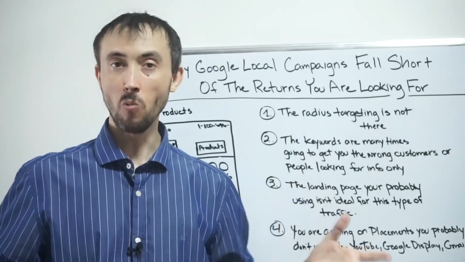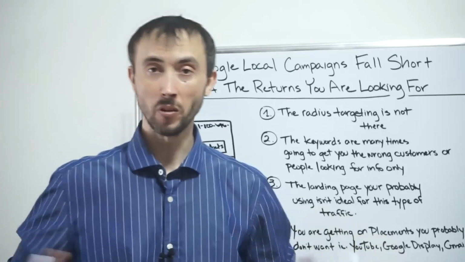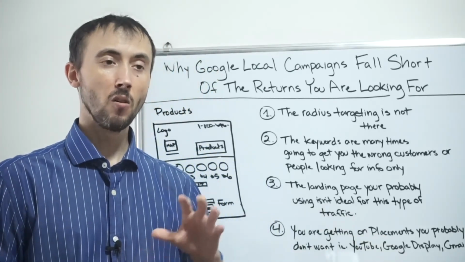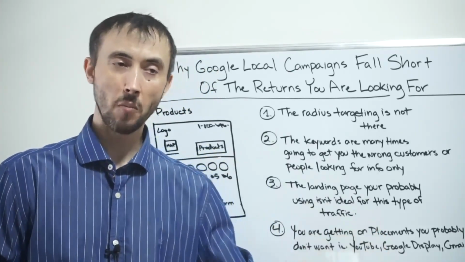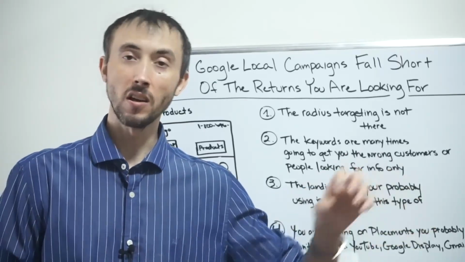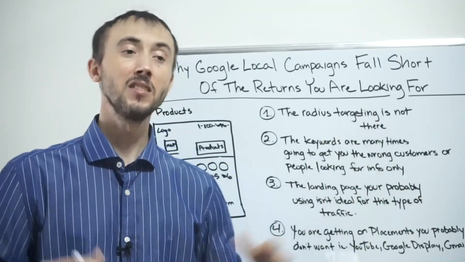And a lot of people, I don't think, know that. In fact, I know most of the people don't know that. So not that if you run a Google local campaign, you're going to have most of your budget go to ads that are running on YouTube, but some of it is.